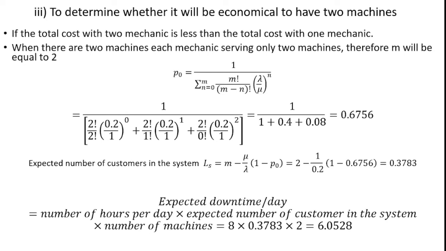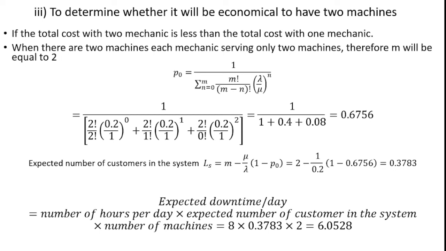Here small m is equal to 2, mu is the same 1, lambda is the same 0.2, so 2 minus 1 divided by 0.2 into 1 minus the newly identified P0 value, 0.6756. Substituting, I get 0.3783 as the newly identified LS value.